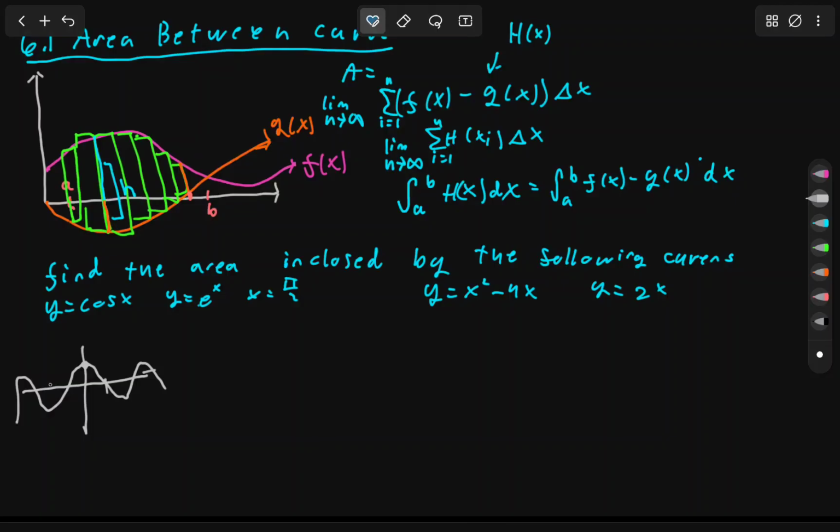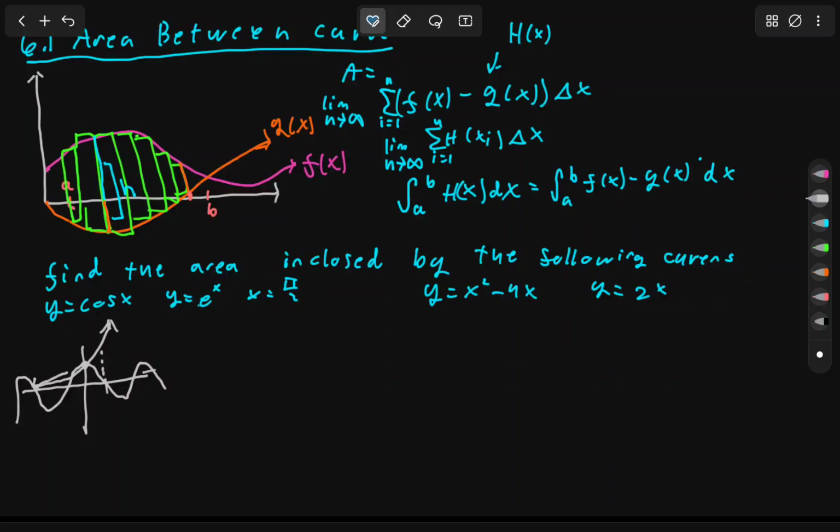But e to the x, which I haven't actually sketched in yet, and I might want to do this in a different color, is going to do something along the lines of this. So we want to know what the area is in between these two curves, which intersect at x equals 0, and then x equals pi over 2, which I'm just going to say is right here.